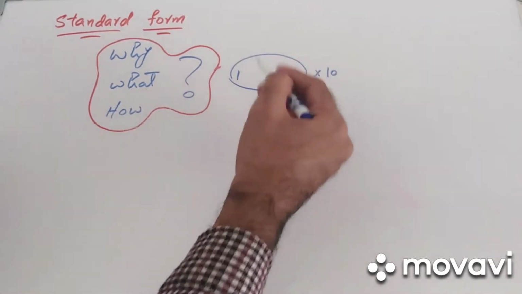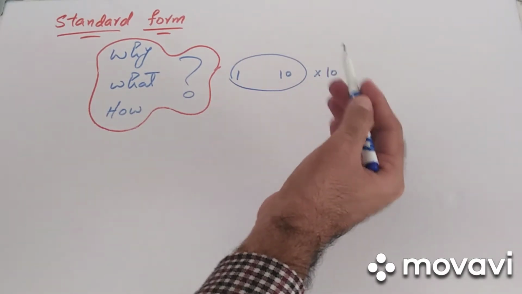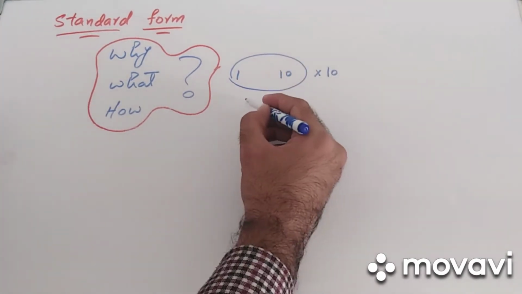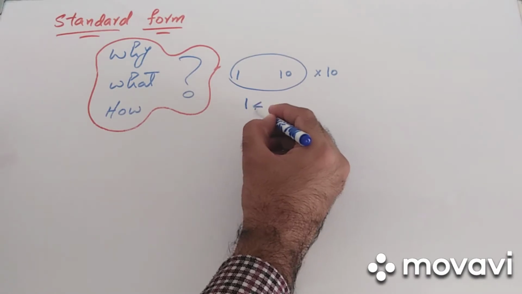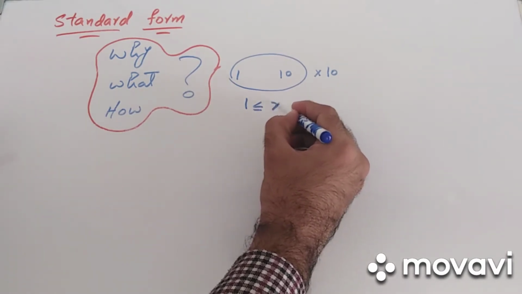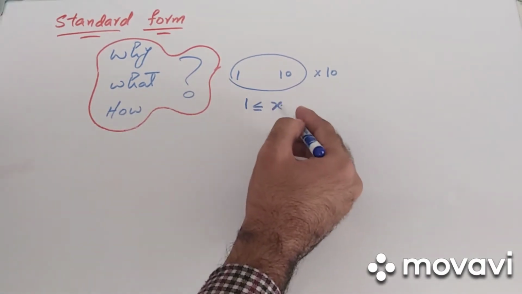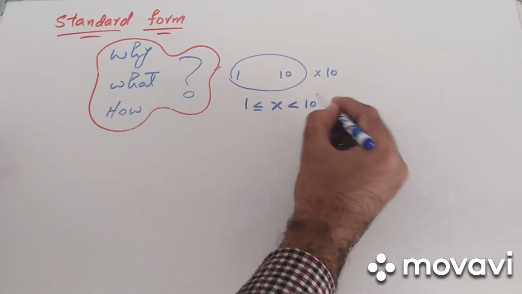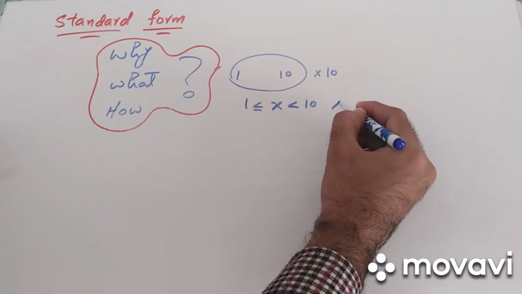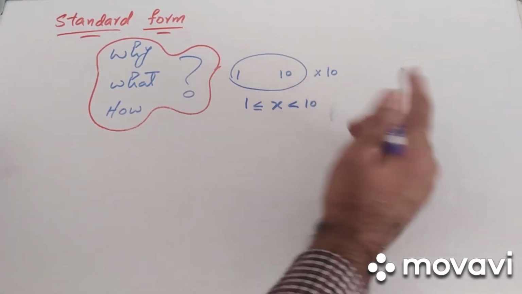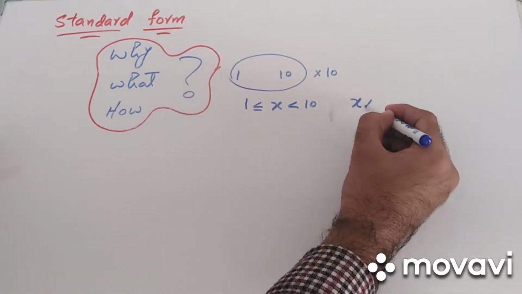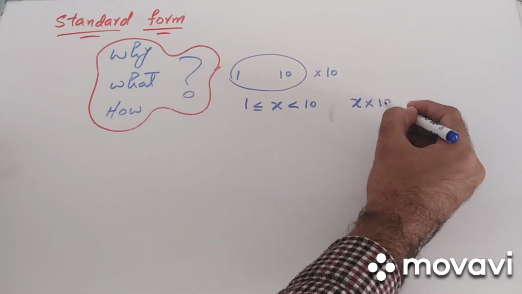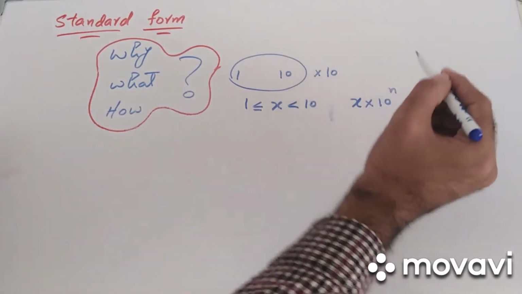I'll write this in a formal way. Writing x to represent the number, the form would be x times 10 to the power n.